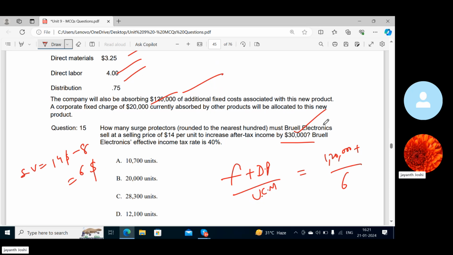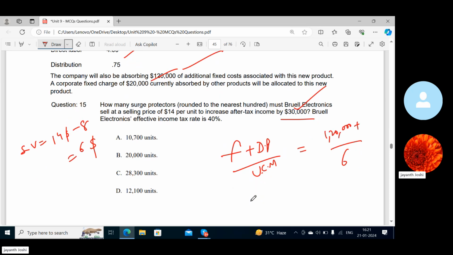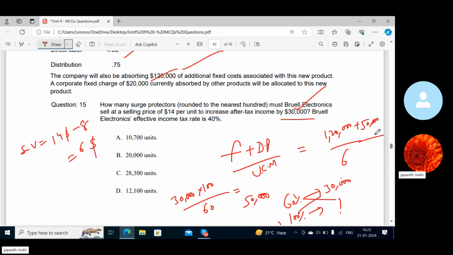So if it is after tax, that means after deducting tax, you got this. This is 60%, right? So 100% is how much? Just calculate. 50,000. So this is after tax, and we are taking before tax. Now find out and tell me the answer.